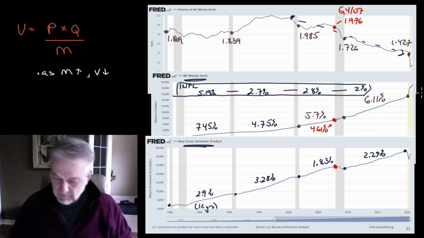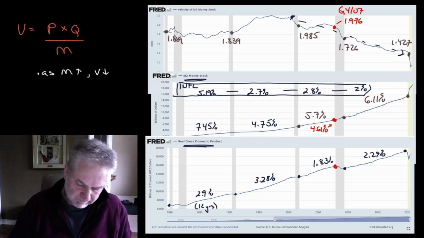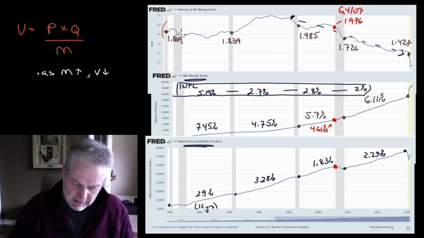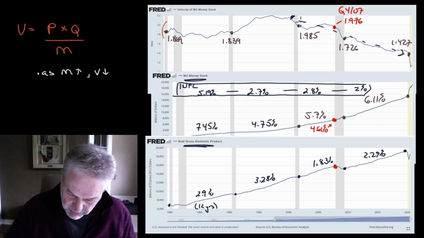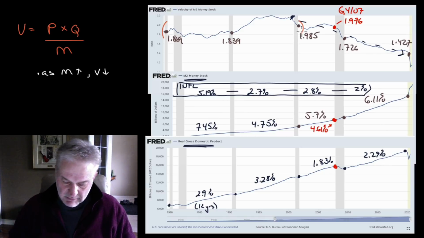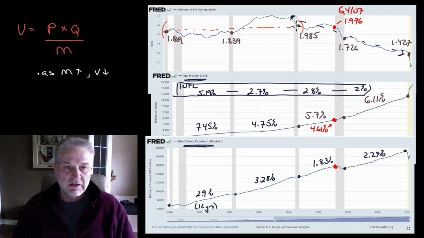If we go back to the first quarter, January 1st, 1980, velocity 1.869, and you go all the way to the last quarter of 2001, velocity 1.98. In fact, you could probably just draw a line through here and say, that seems fairly constant.